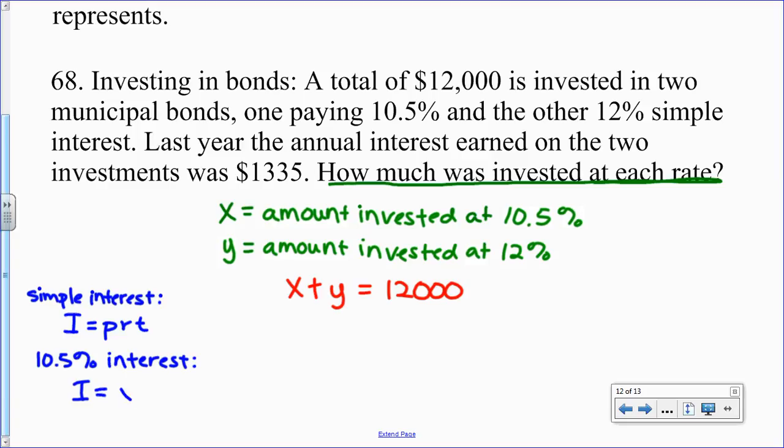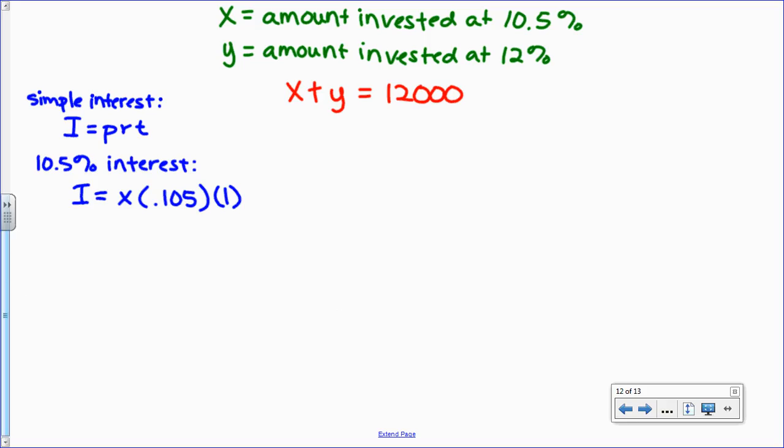R is the rate, so 0.105. And T is the time. It says the annual interest, so we're only looking at 1 year, okay? So that's 1. So the interest at 10.5%, if I multiply these together, is 0.105x.